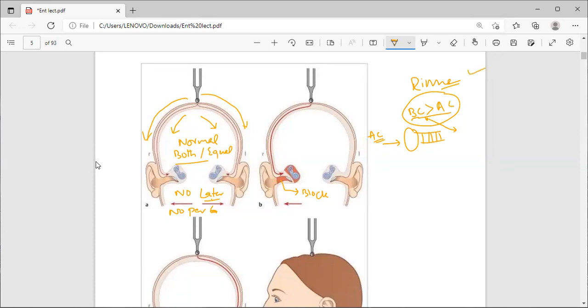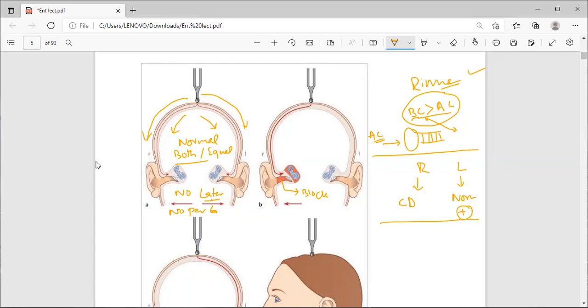On the Rinne test you see that the right ear has conductive deafness, but the left ear is normal. Normal means positive Rinne test. Okay, this was the Rinne test.